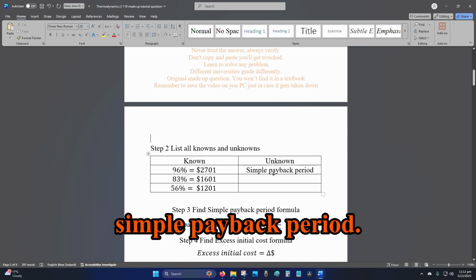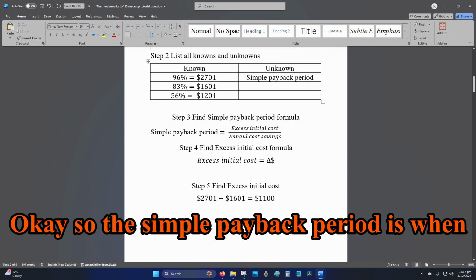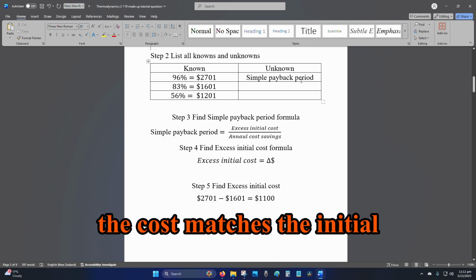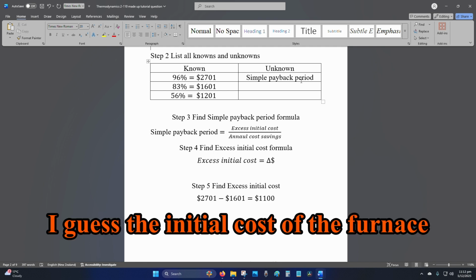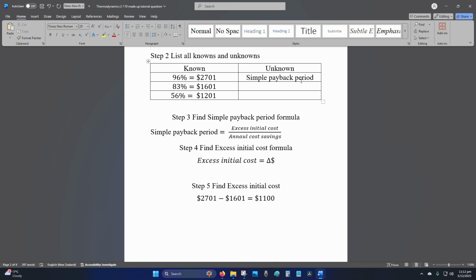We want to find the simple payback period. Okay, so the simple payback period is when the cost matches the initial, the initial cost of the furnace versus the annual cost, I suppose.